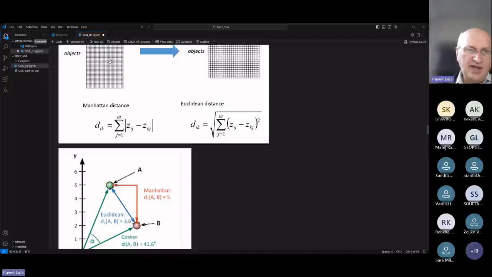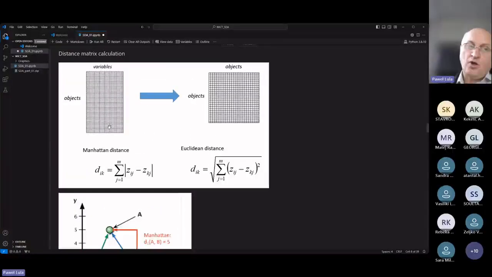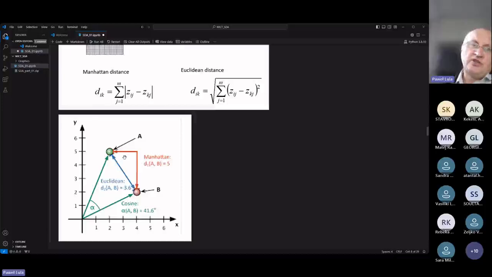To be precise, they are represented by vectors, but these vectors are presented by points in n-dimensional space, where n is equal to the number of columns, the number of variables in our dataset. On this picture, we assume that we have only two variables, two columns in our dataset. In these columns, we can find coordinates for points.